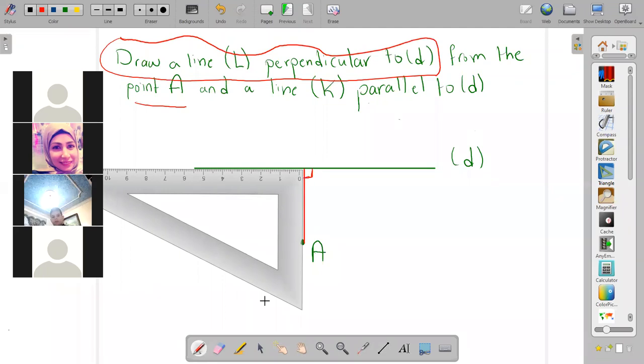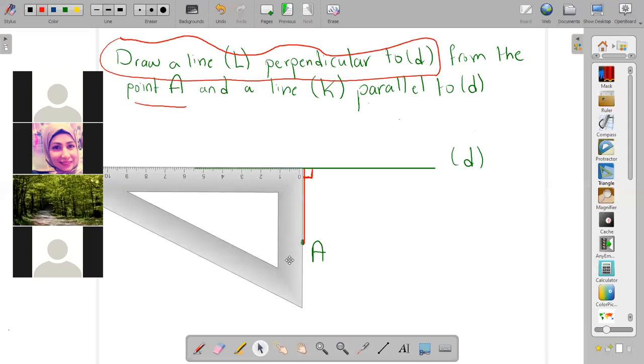What is the name of this perpendicular line? I will name it what? Murad, quickly, please. Don't write the question, Murad. Just start drawing the perpendicular line. No need to write the question. I will name the line L. Excellent.